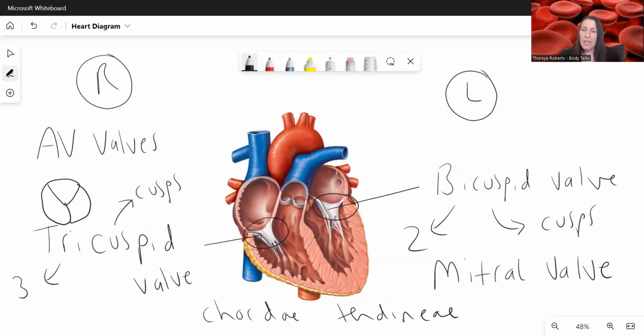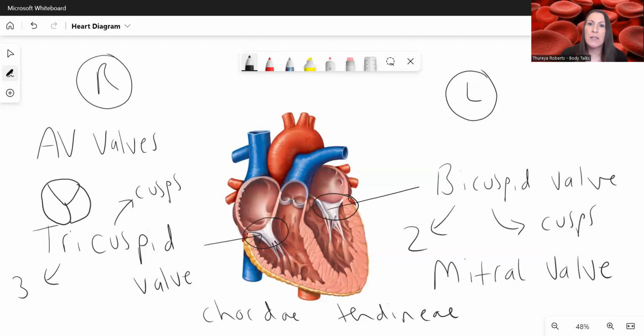The tendinous cords make sure there's no overextension or inversion of these valves. So that's the two main valves I wanted to talk about.